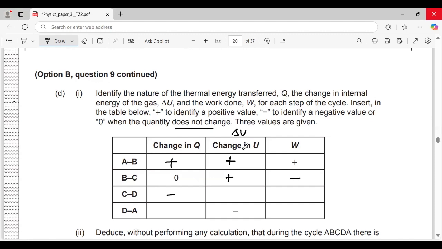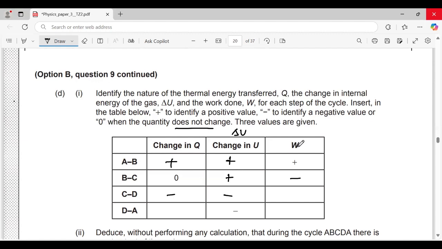Next, delta U, change in internal energy. As the gas is compressed, the temperature decreases. So the internal energy also decreases. If the internal energy decreases, delta U will be less than zero and the sign is negative.